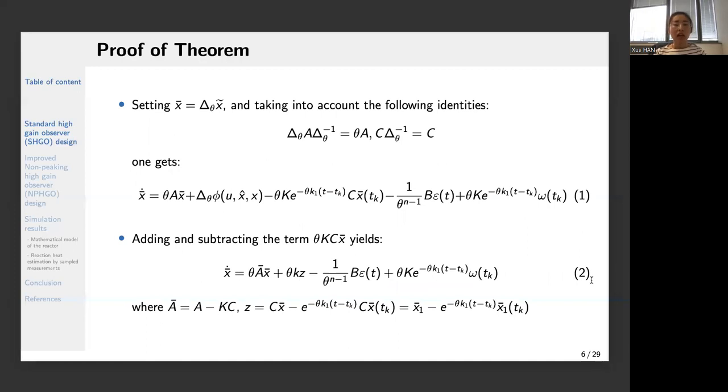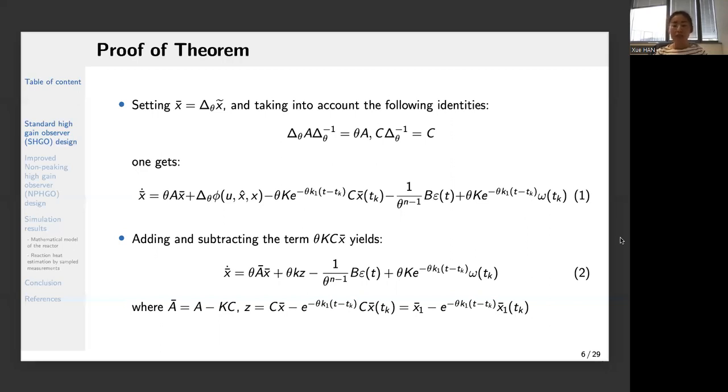So here, after the transformation, we will add and subtract one item, theta^k c x bar, and then we can rewrite the derivative of x bar in the form of equation 2. Here, A bar is A minus Kc, and the function z is short for c x bar minus this part.